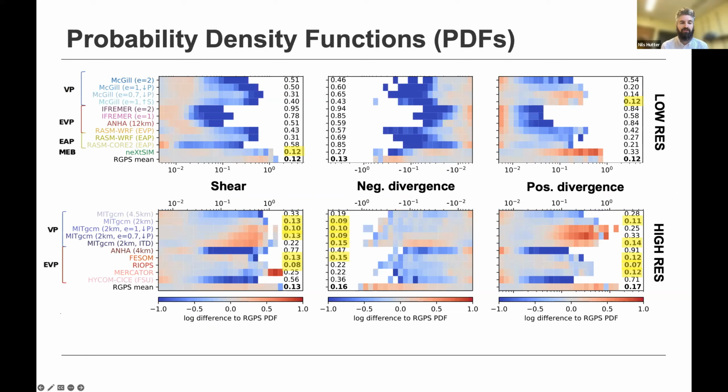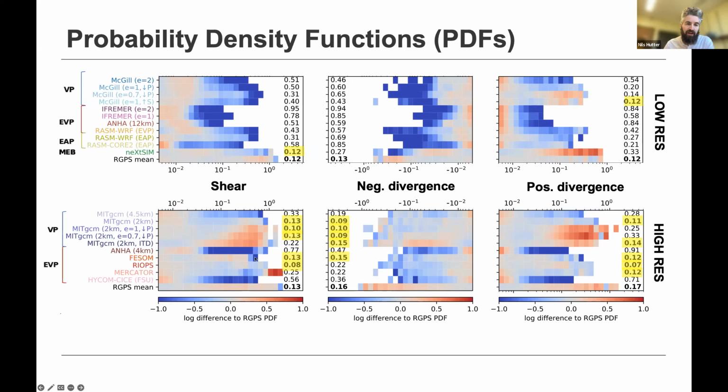So for each row, you see a model and the difference to the RGPS PDF. Again, in the top panels you see low resolution models, and in the lower panels you see high resolution models. Here you see similar pictures as for the PDFs themselves: low resolution models seem to underrepresent the high deformation rates, having a shorter tail.